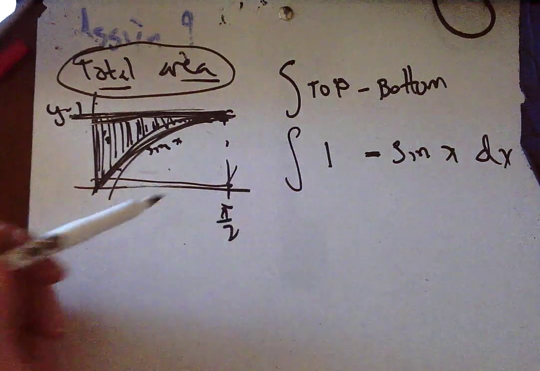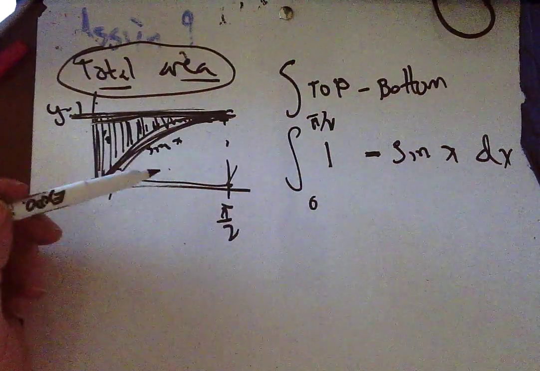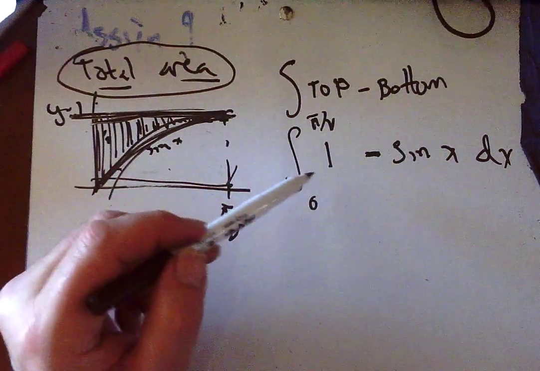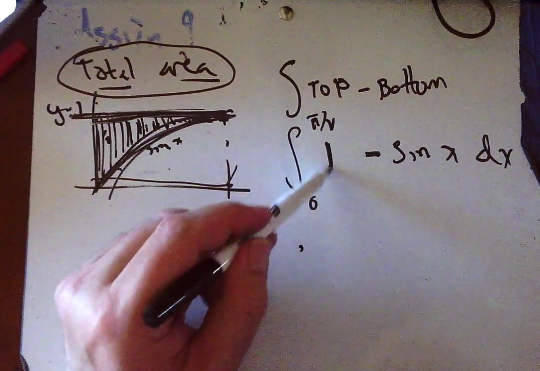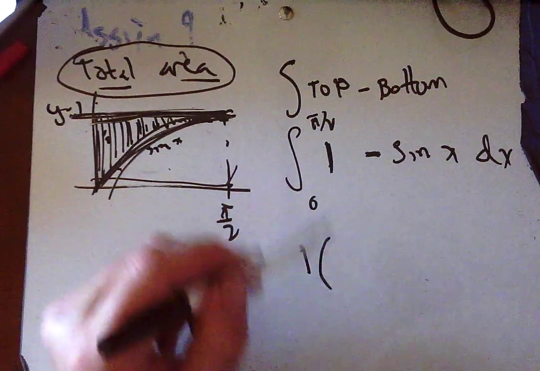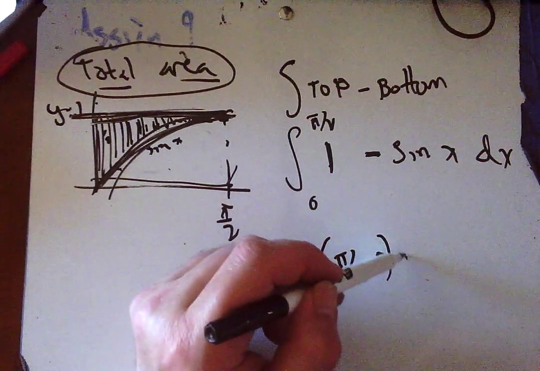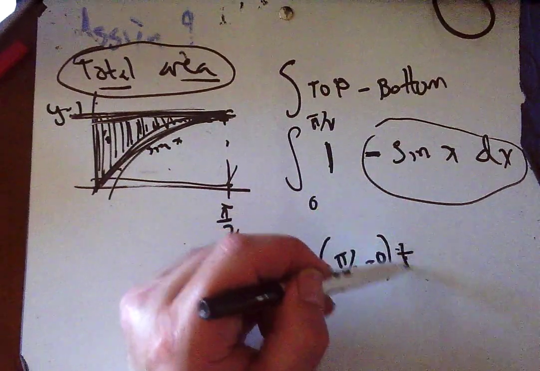So this is my integral from 0 to pi over 2. I don't need a bunch of pieces that I glue together. Instead, I'm just going to have one integral here. And so that's going to be the antiderivative of a constant, is that constant times b minus a. And then here, I want to know the antiderivative of minus sine.